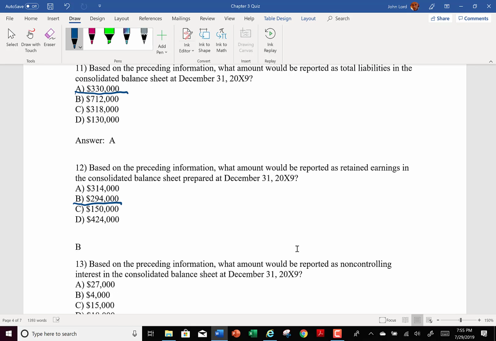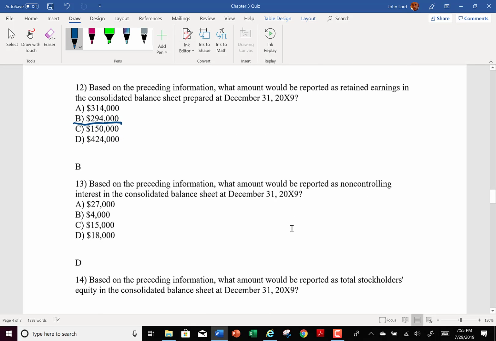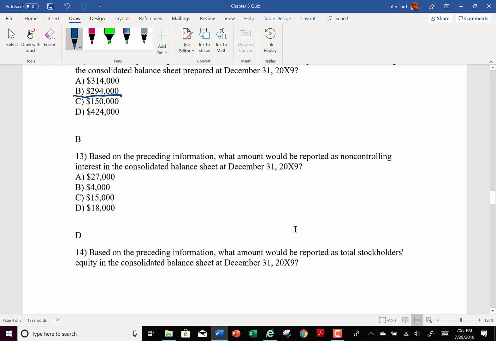Okay, good. Let's go ahead and take a look at, based on the information, what is the non-controlling interest to be reported in the balance sheet.